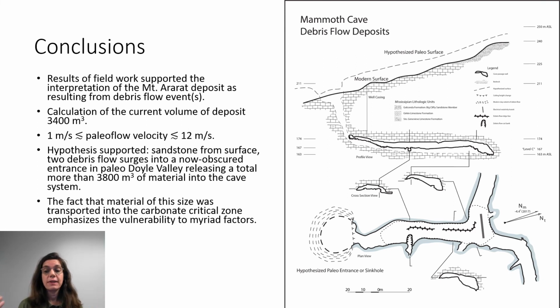All of these events point to the significance of extreme geomorphic events in caves and in carbonate critical zones in general, and it just emphasizes the vulnerability of these systems to influence from many, many different factors.